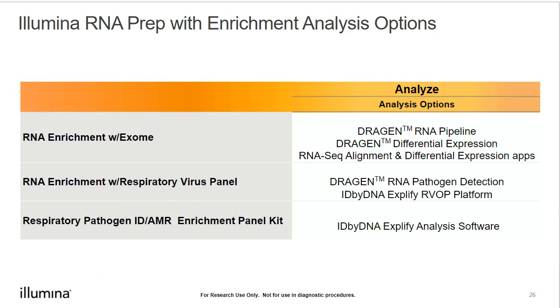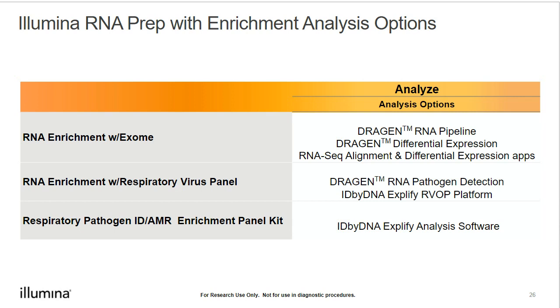So there are several analysis options depending on the panel we're using. For any sequencing project, the first step is to generate FASTQs, which is part of the sequencing platform workflow. So your FASTQs will be used as input for all of these analysis options. For the Exome panel, we can use the DRAGEN RNA pipeline and DRAGEN Differential Expression apps.